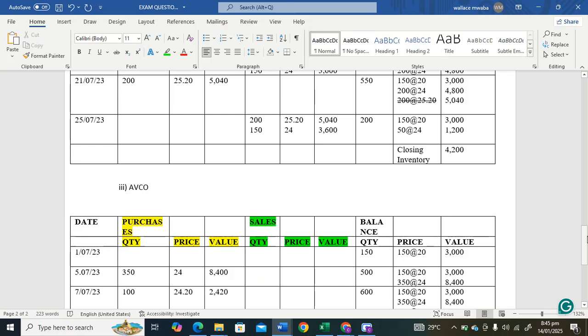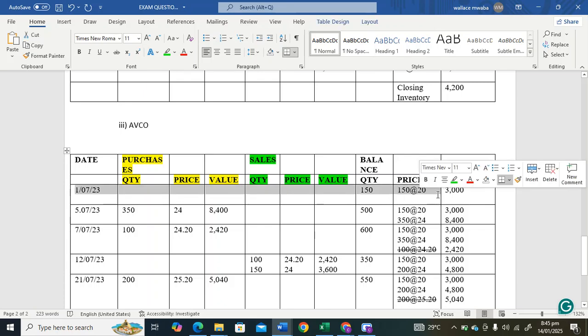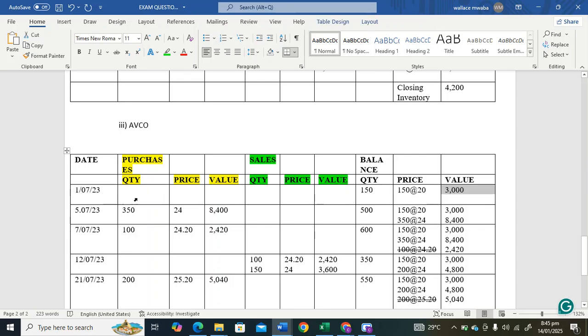Okay, so go with AVCO, the average costing method. All right, so on 1st of July, our opening inventory still stays the same. 150 goods valued at 20 kwacha. The value of our opening inventory is 3,000 kwacha.